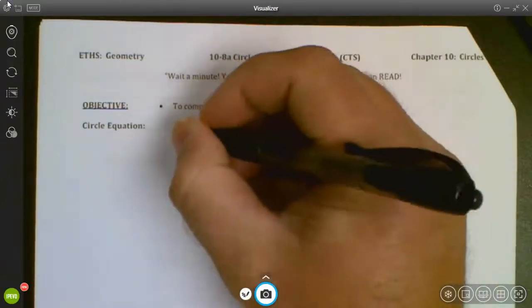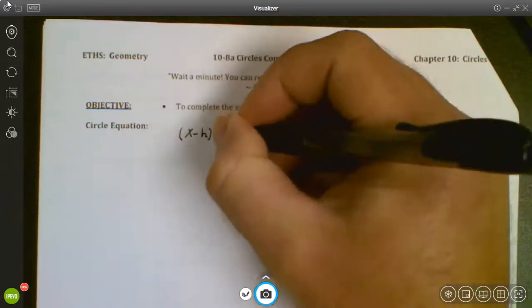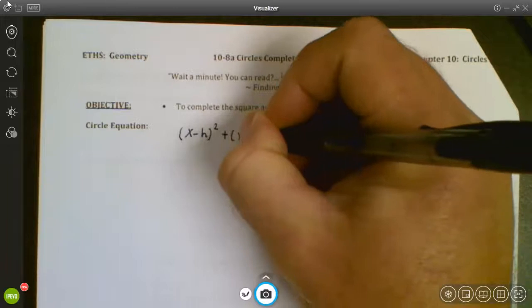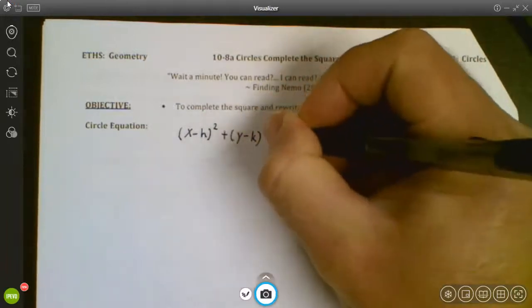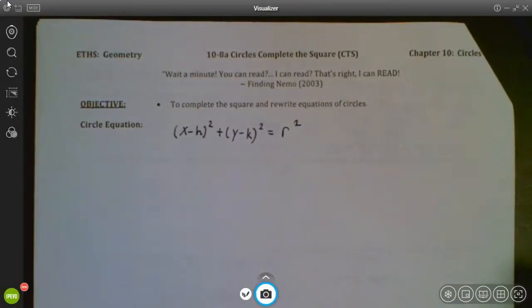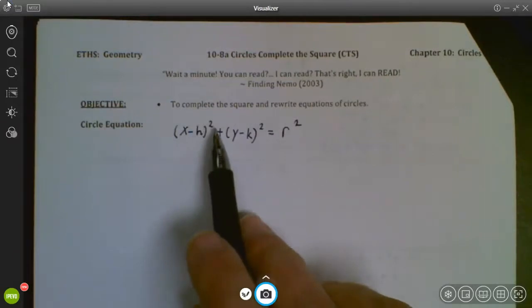So as we've been looking at so far, this is what the standard equation of a circle looks like. So we got (x minus h) squared plus (y minus k) squared equals r squared. If you remember the similar issue we dealt with in parabolas, we have a quantity squared.